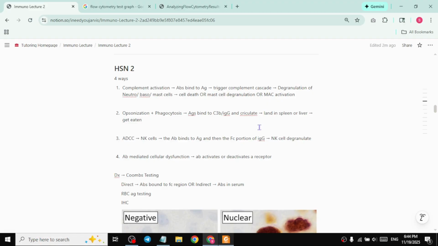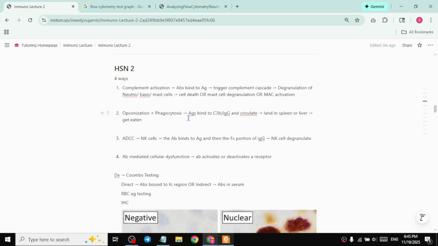Or if it's working irregularly, for example, C3b points out, go ahead and eat this part of the liver or this part of the spleen, or this gland or cell. If it lands there, or even in the nephrons, and marks that for opsonization and just stays there, then the immune cells will go there and eventually try to eat and destroy it.